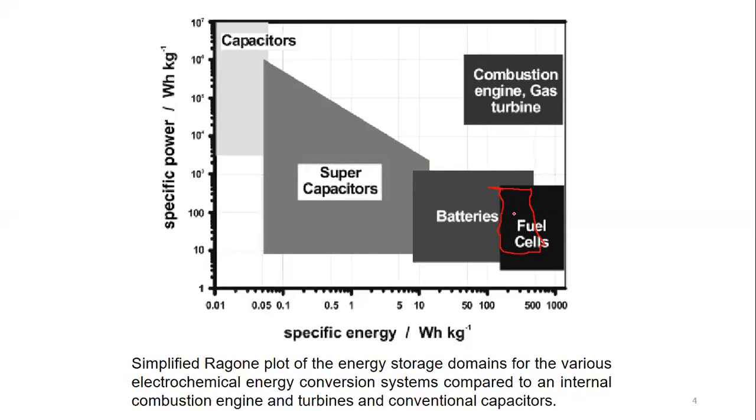Now this area is not only restricted to the specific energy side, it's also shared on the power side as well. Now what does it mean? Now batteries with some thin film electrodes exhibit some characteristics, and those characteristics are related to those of supercapacitor. So that is why we have an overlapping region here.